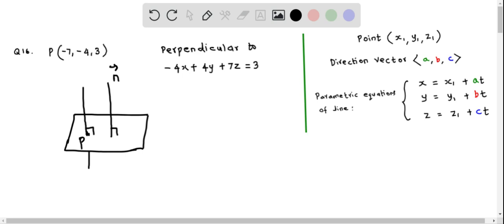So first, let's identify the normal vector. We take only the coefficients of x, y, and z, which will be the components of the normal vector. So I write the normal vector in component form: <-4, 4, 7>. And so this is our direction vector.